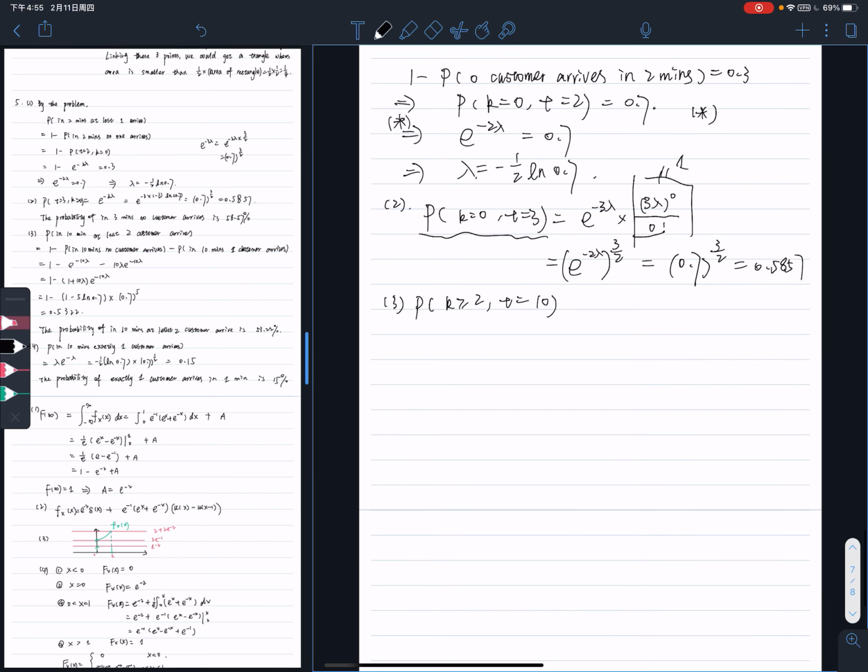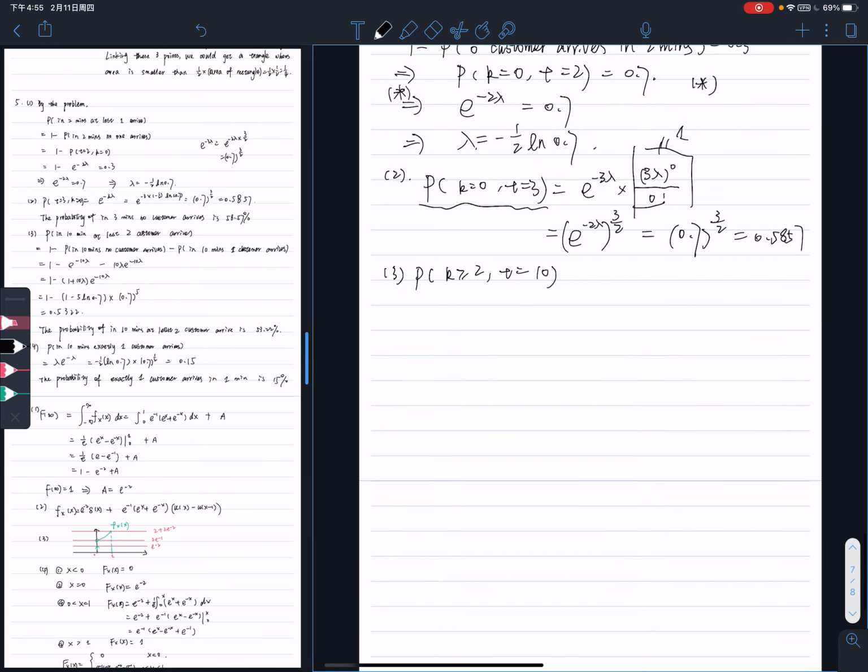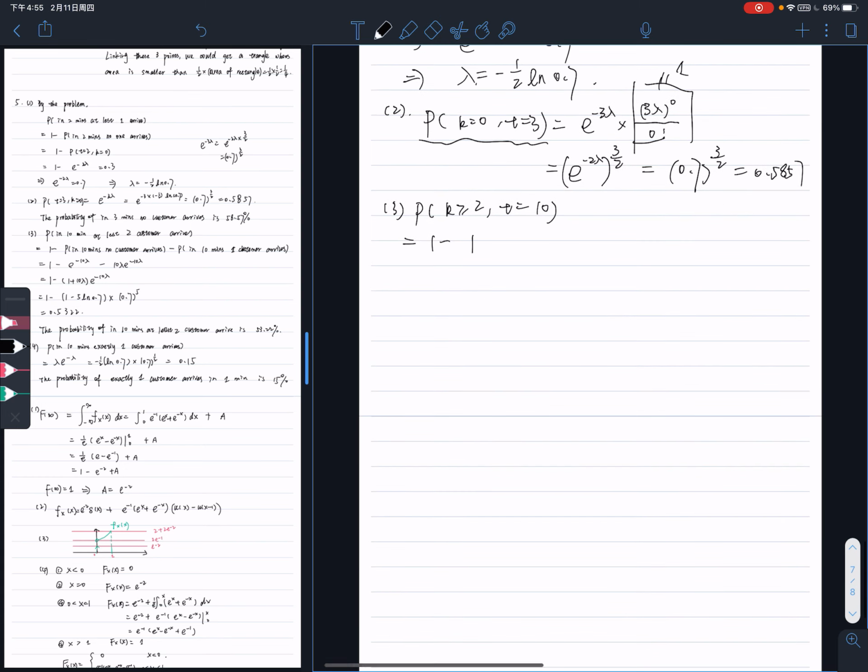So we can also compute the converse of this event. It is equal to 1 minus the sum for k equals 0 and 1. I do not want the summation notation because there are only two terms. So it is P(k equals 0, t equals 10) minus P(k equals 1, t equals 10).